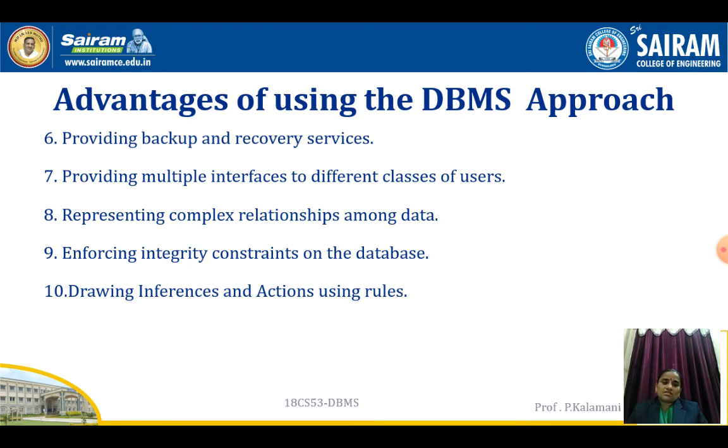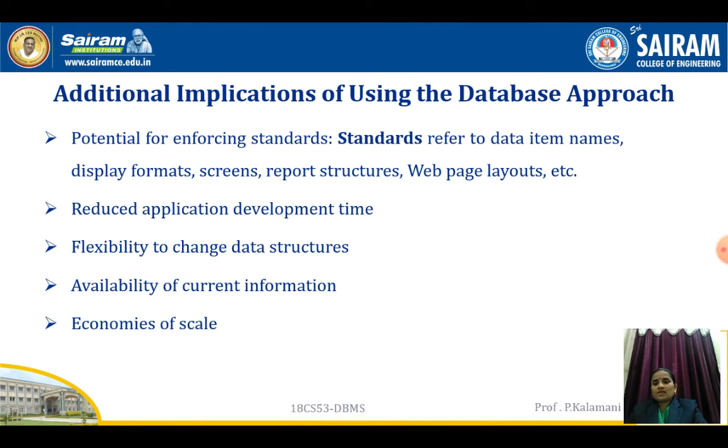Suppose we have a department database, and in the department table all faculty details and the total salary should be maintained. If one employee leaves the department, the total salary should be updated. That should be taken care of using rules, which we will see in the third module. So these are the main advantages.